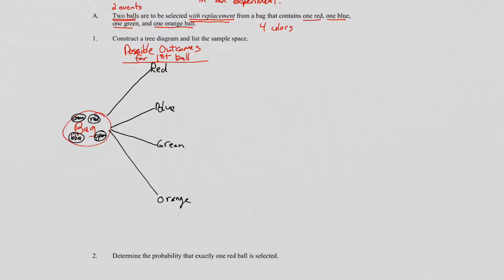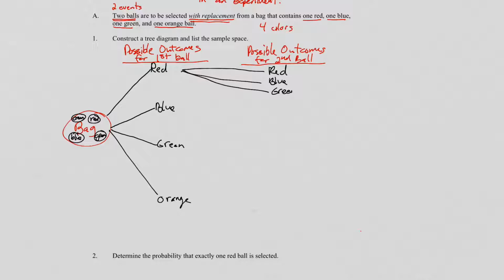So now we have possible outcomes for the second ball, or the second grab, the second event. We could grab a red ball once more, or we could grab a blue ball. We could grab a green ball, or we can grab an orange ball.